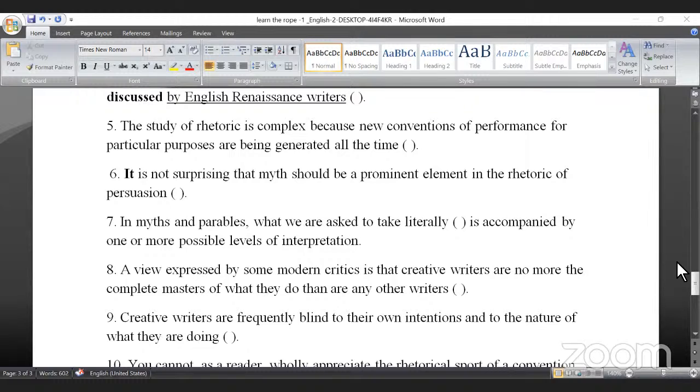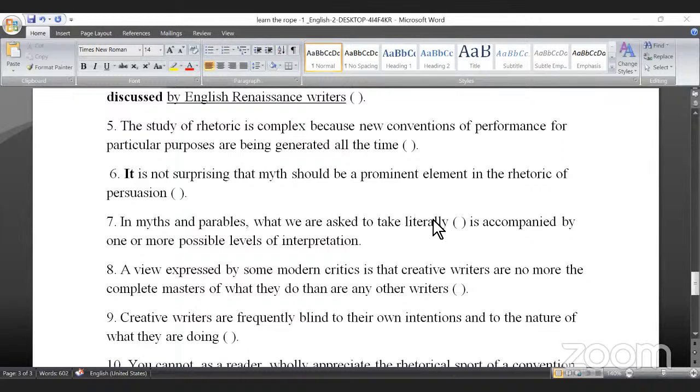Then you're left with what we are asked to take literally is accompanied by one or more possible levels of interpretation. And if what we are asked to take literally is your subordinate clause, what is the function it performs here? If it is adverbial, it does not give you extra information. It is nominal. Yeah, the second guess is right. It occupies the subject position straight away.